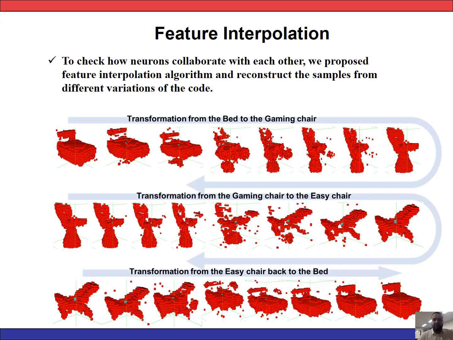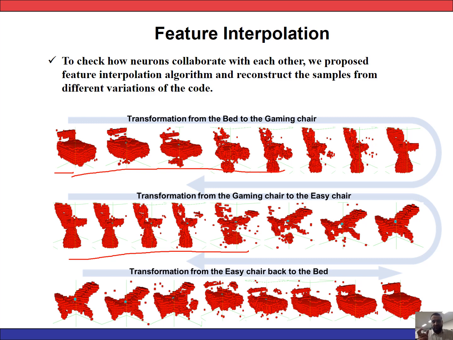We also performed feature interpolation. We interpolated the feature space by providing the input. Suppose this is the input bed, and then we changed the feature space slowly so that the bed is transformed to the gaming chair, from the gaming chair to the easy chair, and from the easy chair back to the bed.